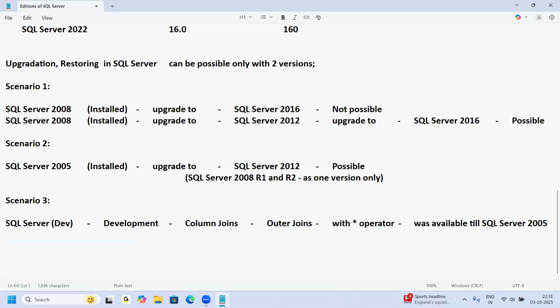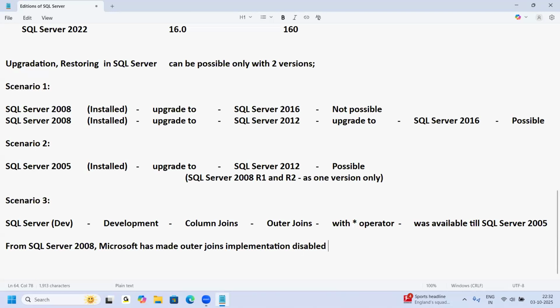Then what Microsoft has done, you see now, from SQL Server 2008, Microsoft has made outer joins implementation disabled. From 2008, I'm saying. Disabled.